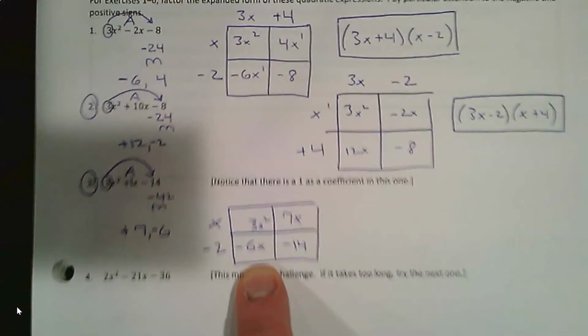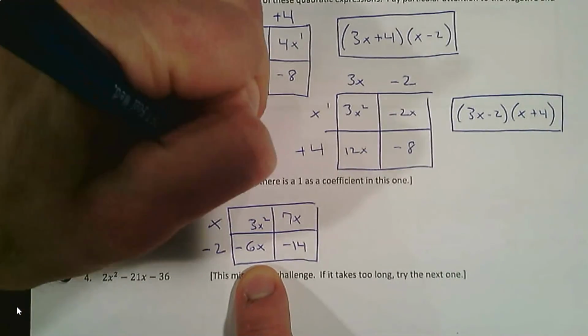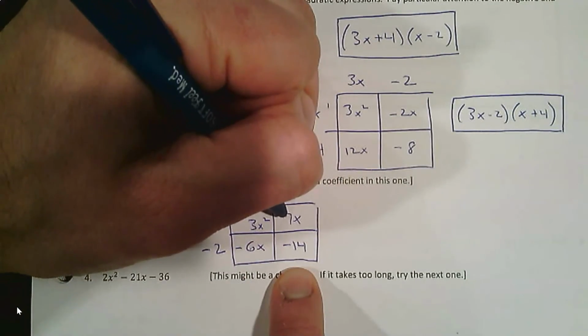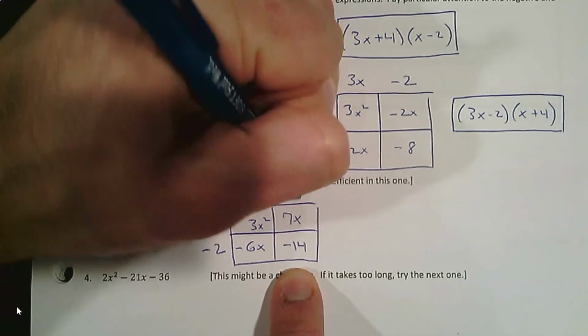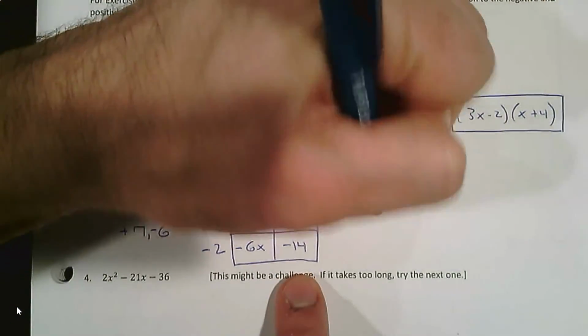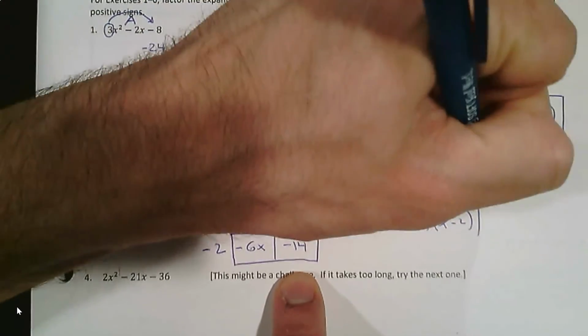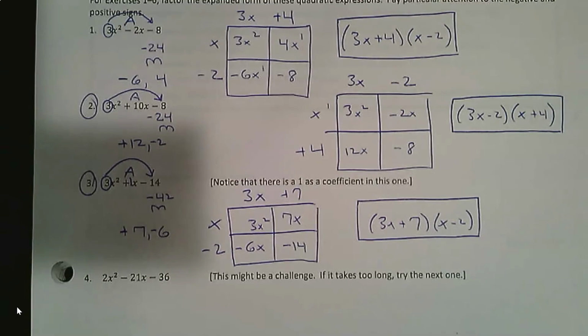So this could be x minus 2. 3 and 6 are both divisible by 3. They share an x. 7 is a factor of 7 and 14. So I end up with 3x plus 7 times x minus 2. That is my factors. Those are my factors.